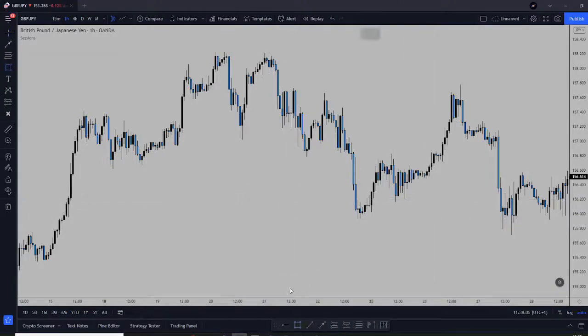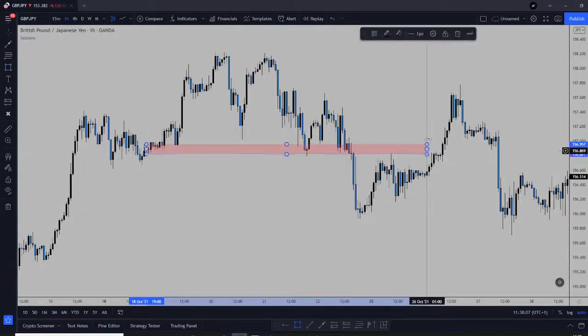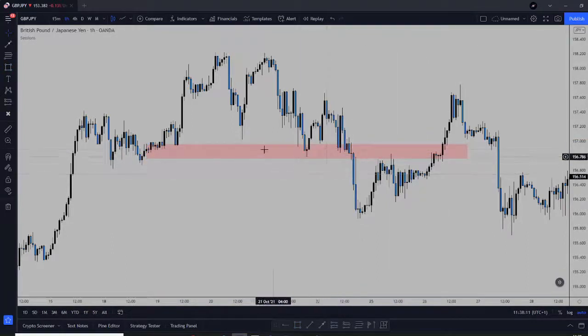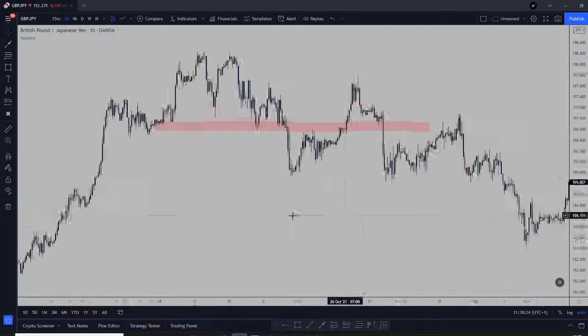So anyways, for example, this would be a support level, and some would draw it like this. It really depends how they would draw things. It's very hard, and they would look at retest and all that stuff, and then they would get a small reaction here, and then they would probably extend this as well.